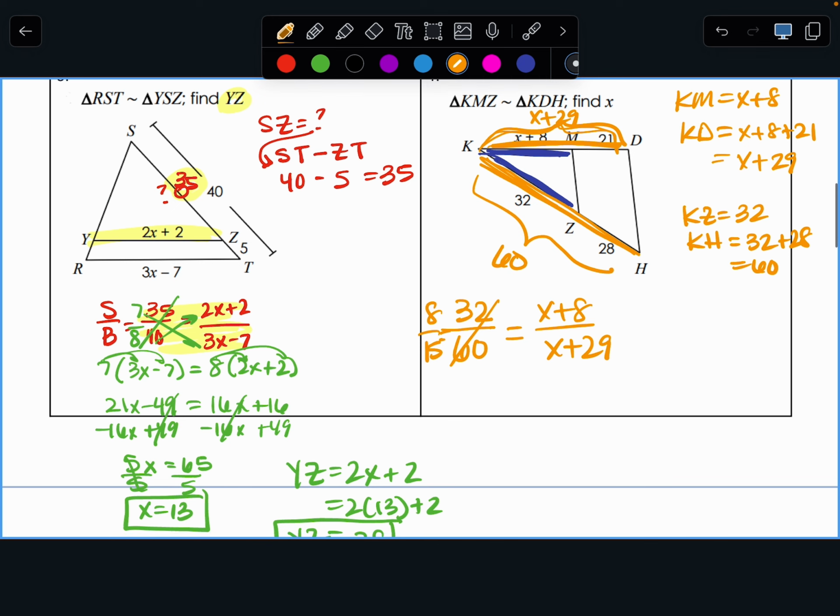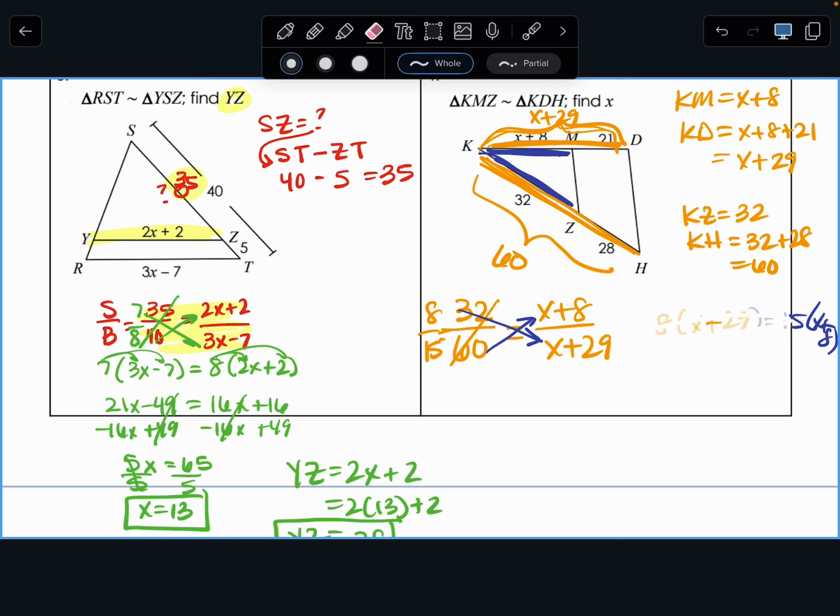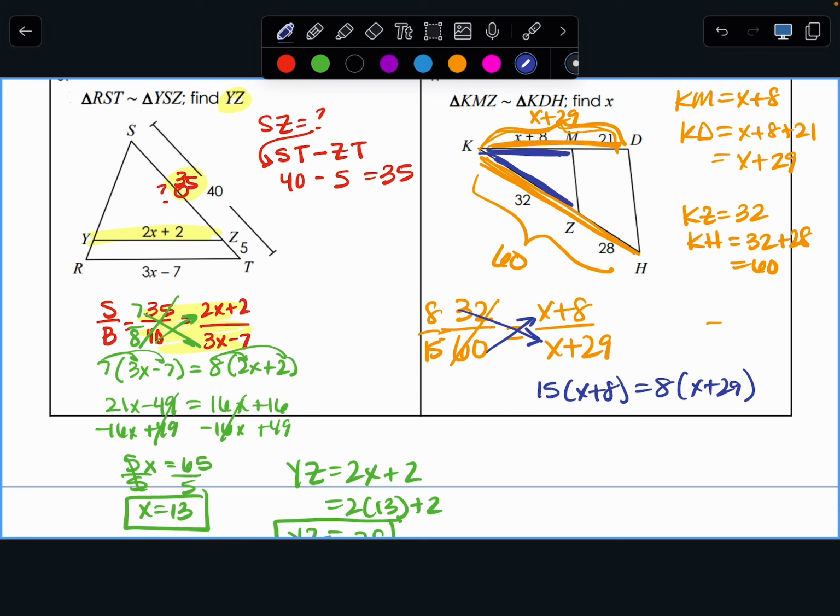That's much easier for me to do, except that one's still a big number. So I get 8 times x plus 29 equals 15 times x plus 8. Ran out of room. Let me rewrite that. 15 times x plus 8 equals 8 times x plus 29. Much better.